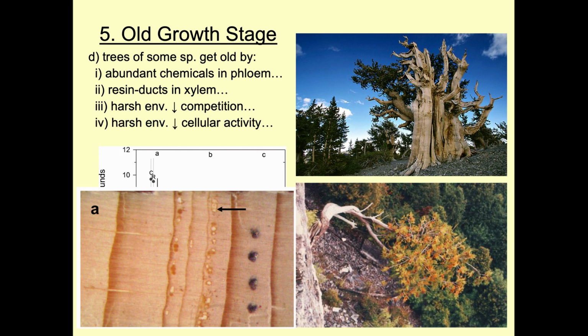This slow growth reduces cellular activity, which also reduces the wear and tear on their bodies, allowing them to live longer. And finally, since individual trees are so isolated in their harsh environments, they are less likely to have diseases spread to them from neighboring trees of the same species.